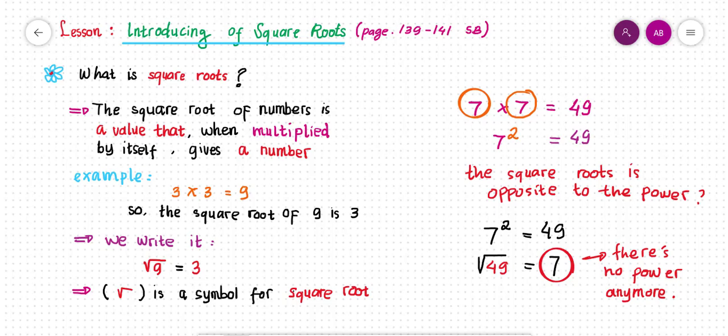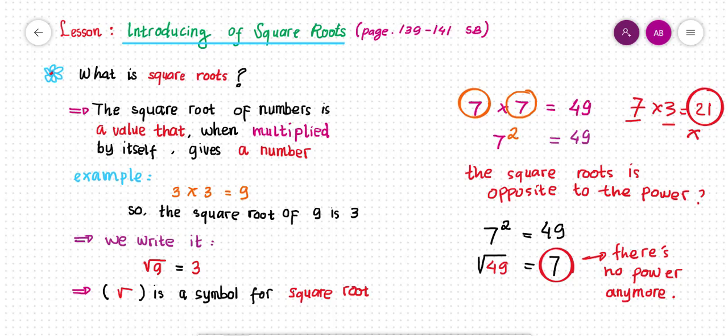But what about different numbers? For example, 7 times 3 is equal to 21. It's not a square root, because the number is not the same. It's 7 and this one is 3. Square root is always the same number multiplied together 2 times. Only 2 times, okay dear?